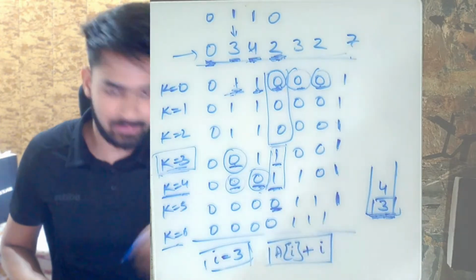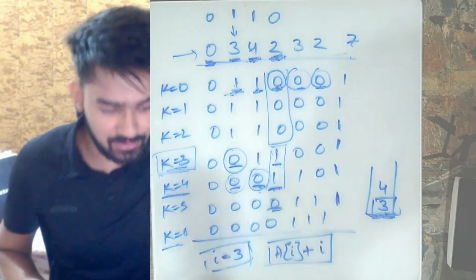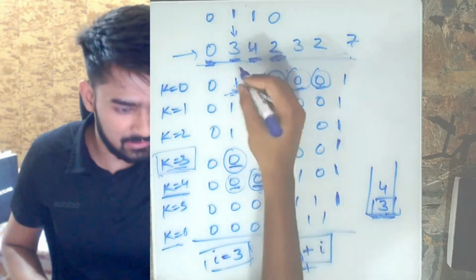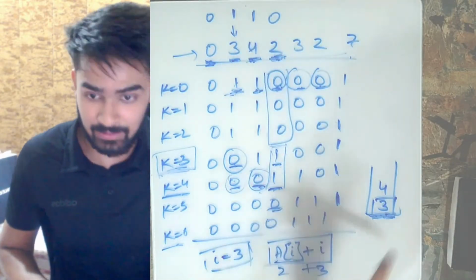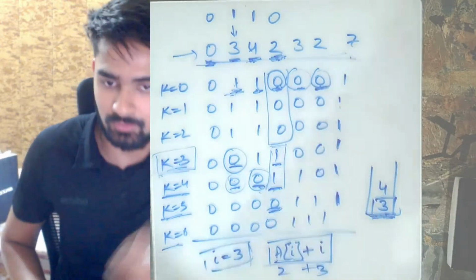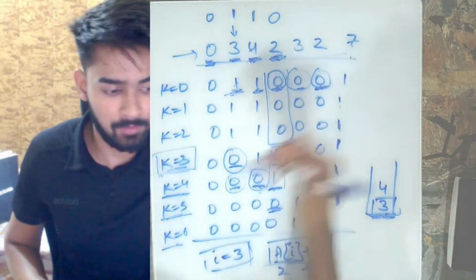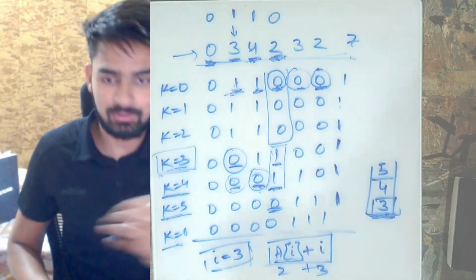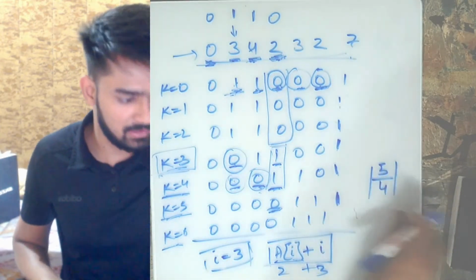After this many indexes, I will have my next 0. a of i is 2, my current i is 3, so 2 plus 3 is 5. So at k equals 5, I'll have my next 0, coming from index 5. So I will push my 5 into this queue. I'll have removed this 3.